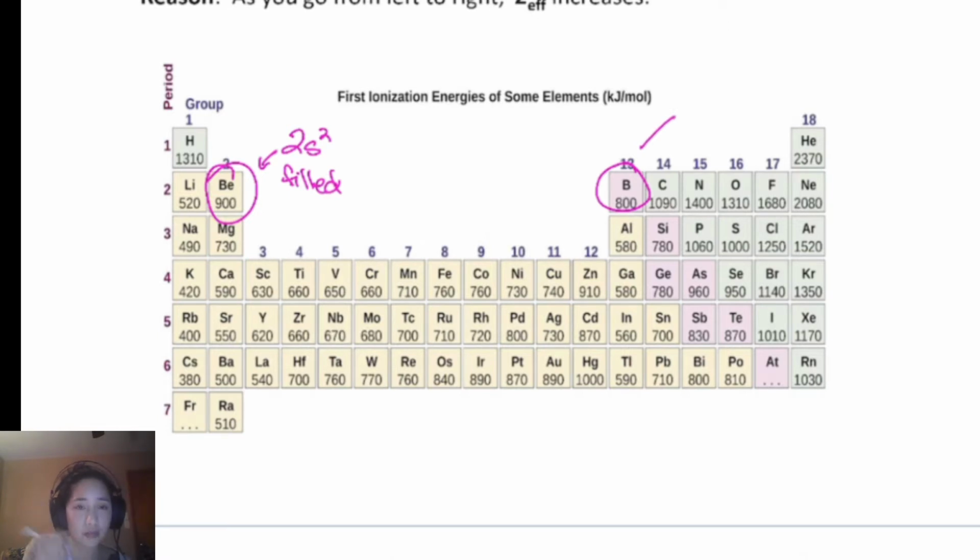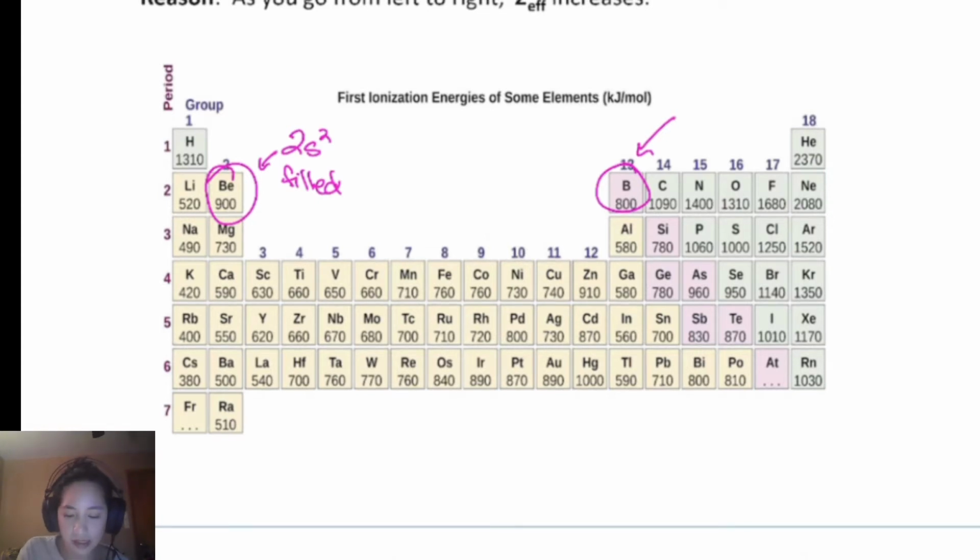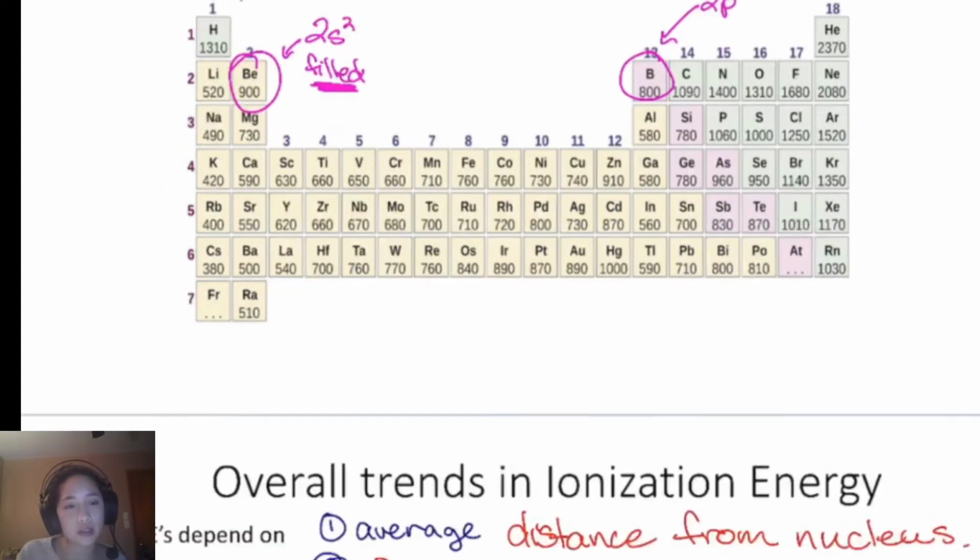The first ionization energy of beryllium will be larger than the first ionization energy of boron, because for boron you're removing a lonely electron in the 2p shell. Because beryllium is filled, there's one electron spinning up and one electron spinning down. Those two electrons are essentially happy in that filled shell, so removing one will take a lot more energy than removing this lonely 2p electron.